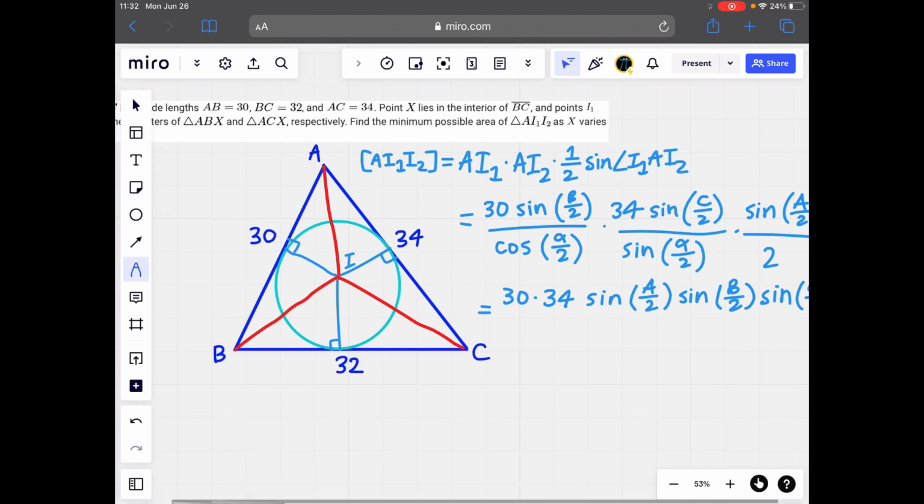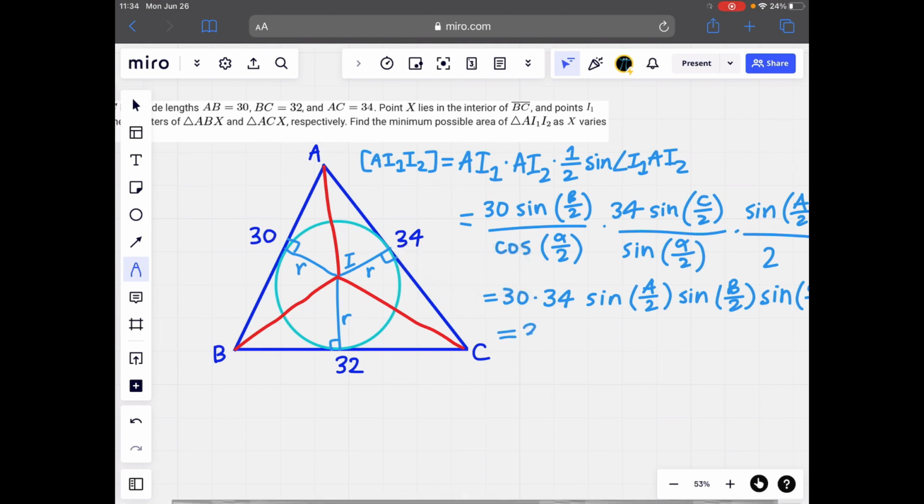We can find the values of sine A over 2, sine B over 2, and sine C over 2 by using the incenter I of triangle ABC and projecting it onto the three different sides. If the inradius of triangle ABC, that is the radius of the incircle of triangle ABC, is denoted as little r, then we get sine of A over 2 equals r over AI, sine of B over 2 equals r over BI, and so on.